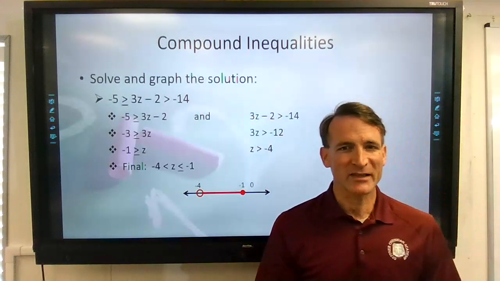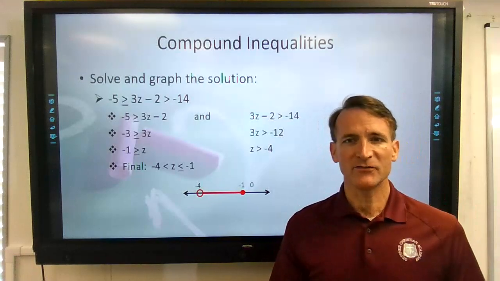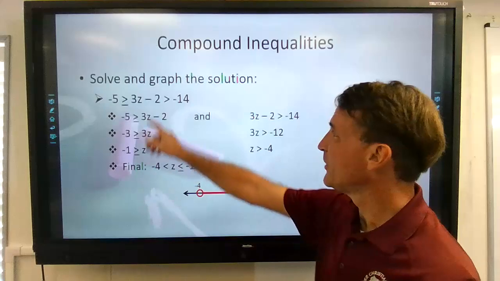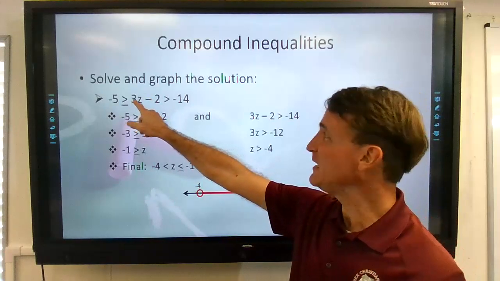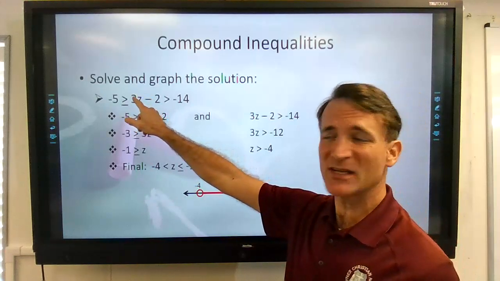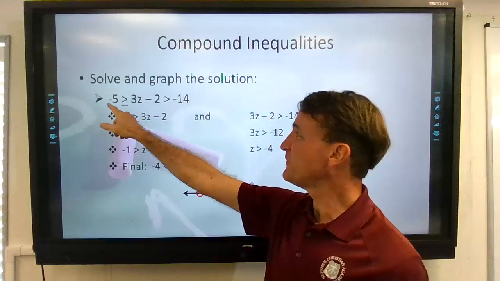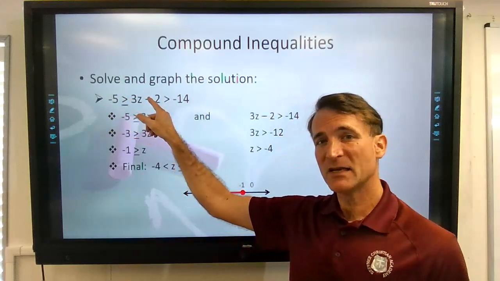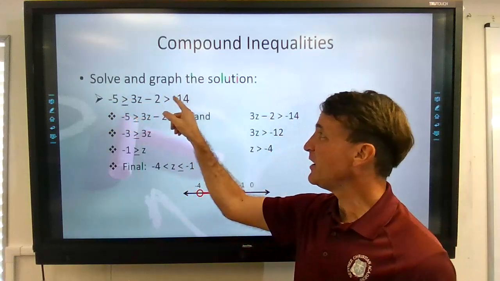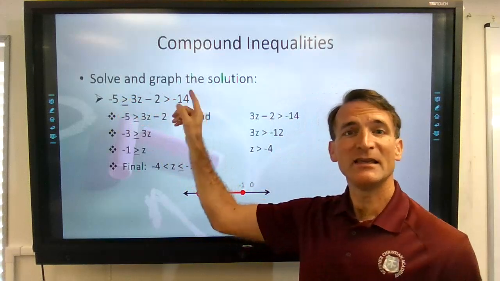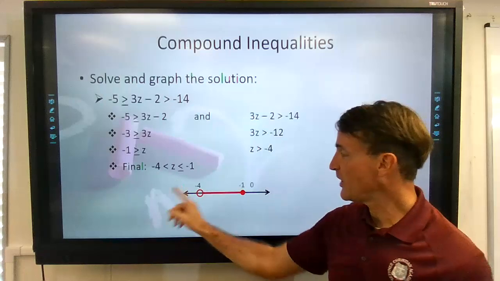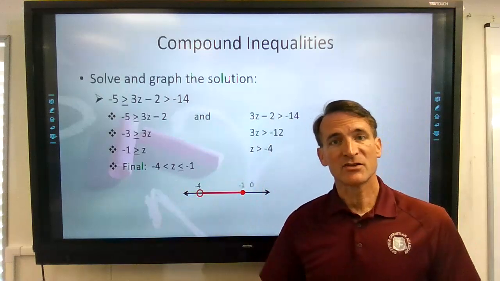I can double check that by plugging in something like a -2. We'll go ahead and do that. If I plug in a -2 for my z, I get 3 times -2, which is -6. -6 minus 2 more is -8. So is -5 greater than -8? Yes, it is. Is -8 greater than -14? Yes, it is. I could choose some values on the other two ends just to double check.